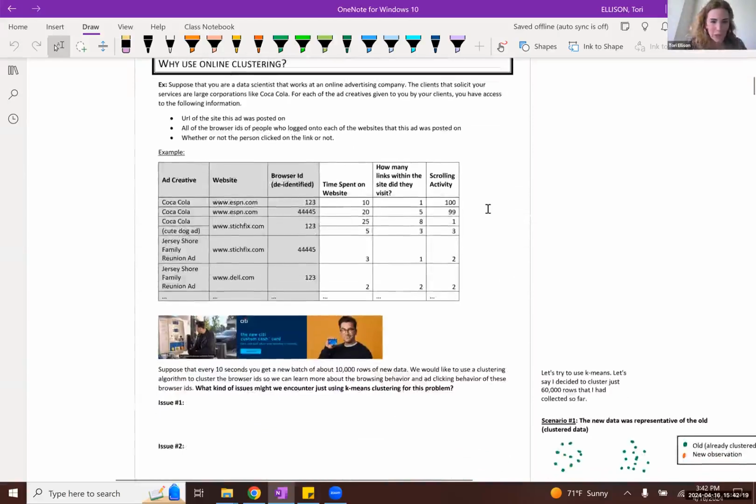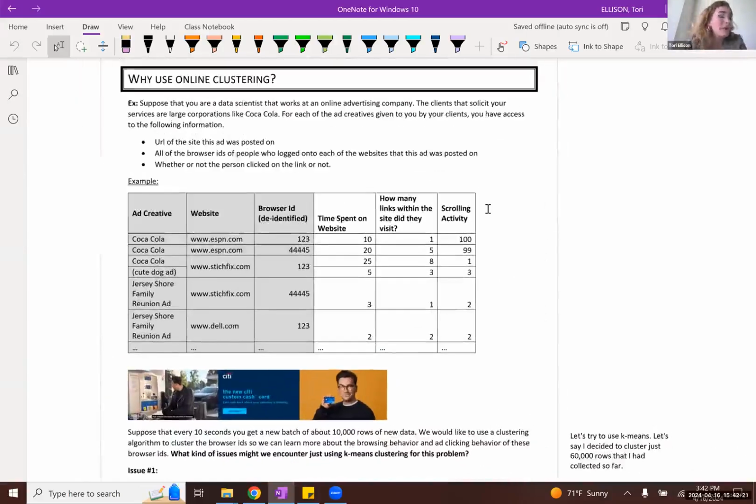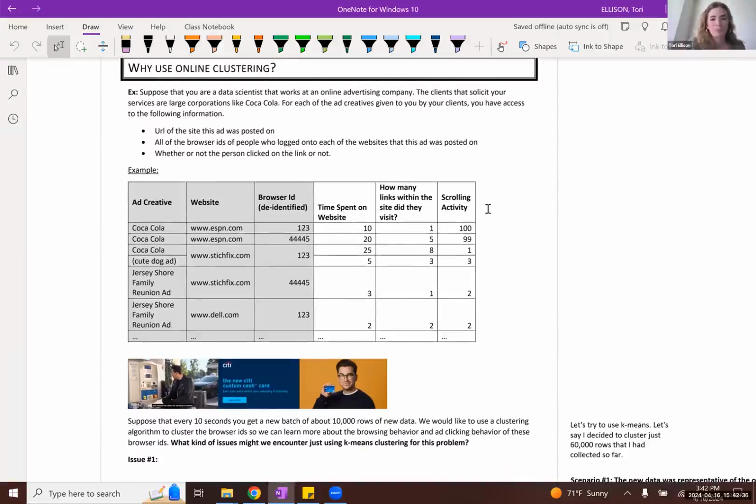This is a situation that I ended up seeing when I was working in online advertising, for instance. Suppose that you are a data scientist that works at an online advertising company, and the clients that solicit your services are large corporations, like Coca-Cola. For each of the ad creatives, this is what you see when you click on a website.